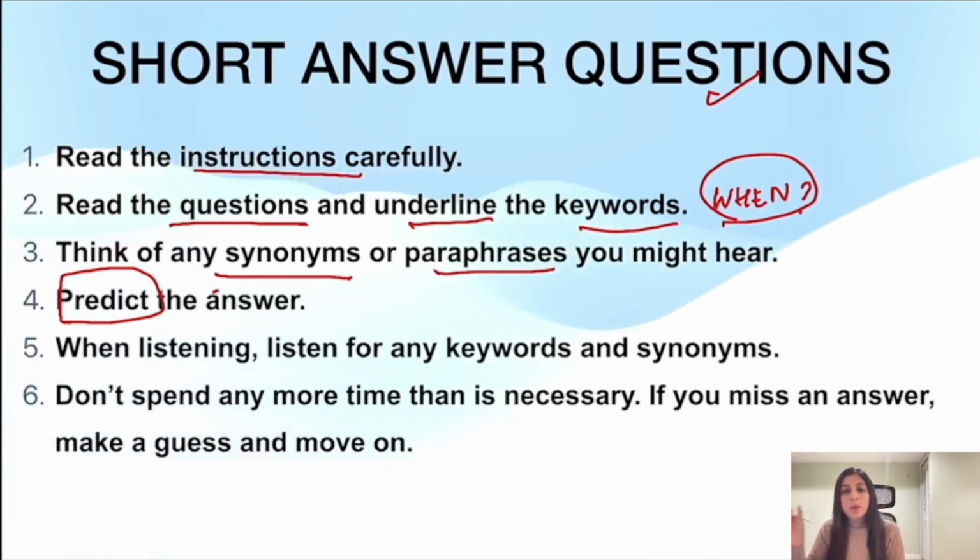And in case the question is where, where did something happen? Where would be a city, or maybe the name of a hotel or a restaurant or a school or something of that sort.